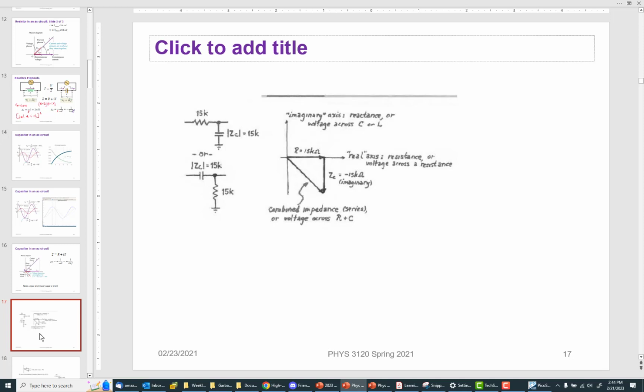So now this is not a phasor anymore. All it is is the impedance in the complex plane. Nothing is going to rotate.